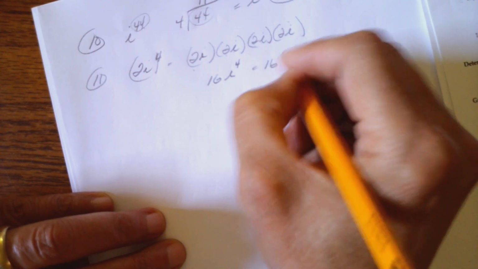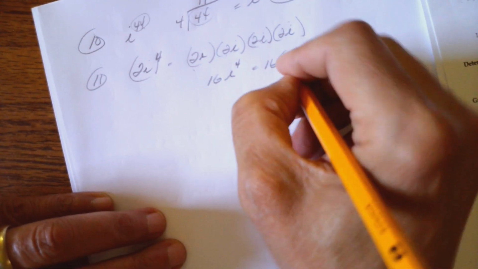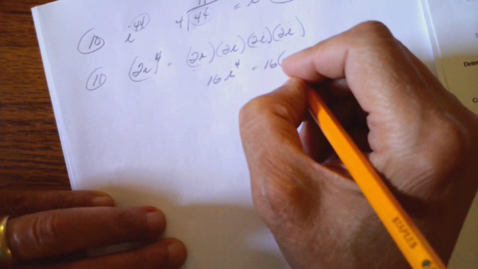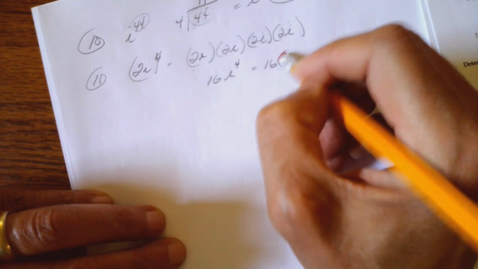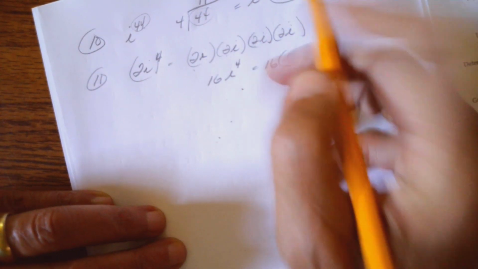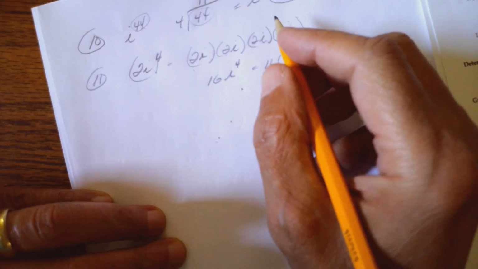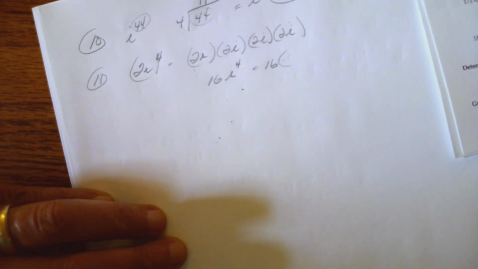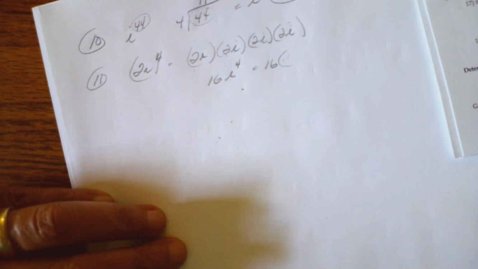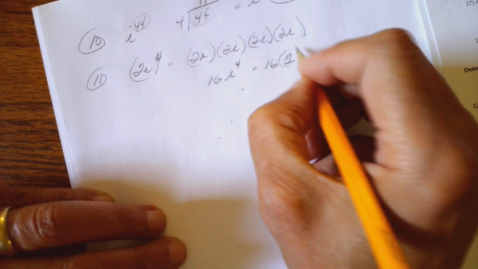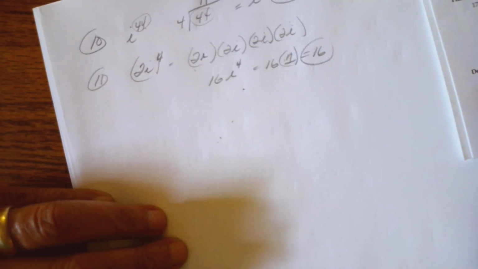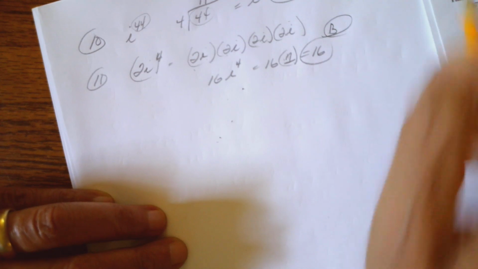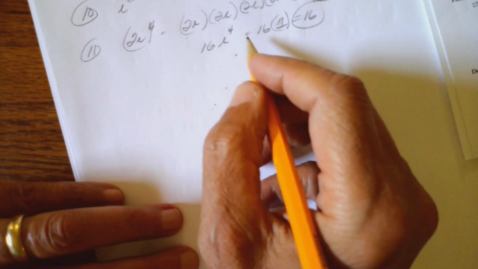And you're taught that i to the 4th power is the same thing as positive 1. i to the 4th by definition is positive 1. 16 times 1, well, that's simply 16. That's the letter B.